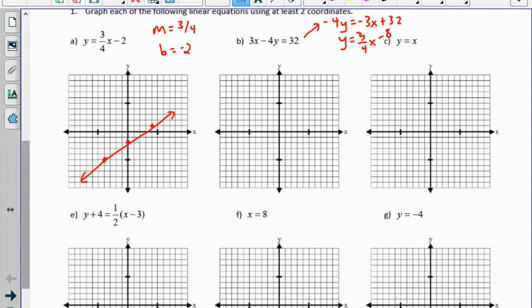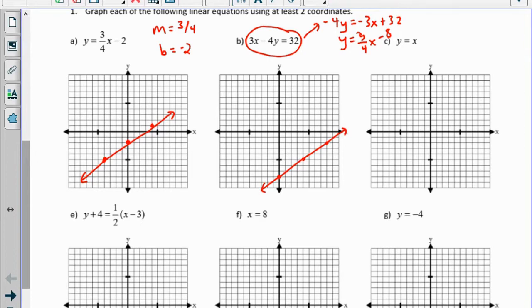So I could manipulate the standard form of the equation to turn it into slope-intercept form. So I have a y-intercept of -8, and again, a slope of 3/4, where I go up 3 to the right 4, or I could go down 3 to the left 4. However, that will not really help me in this particular problem.